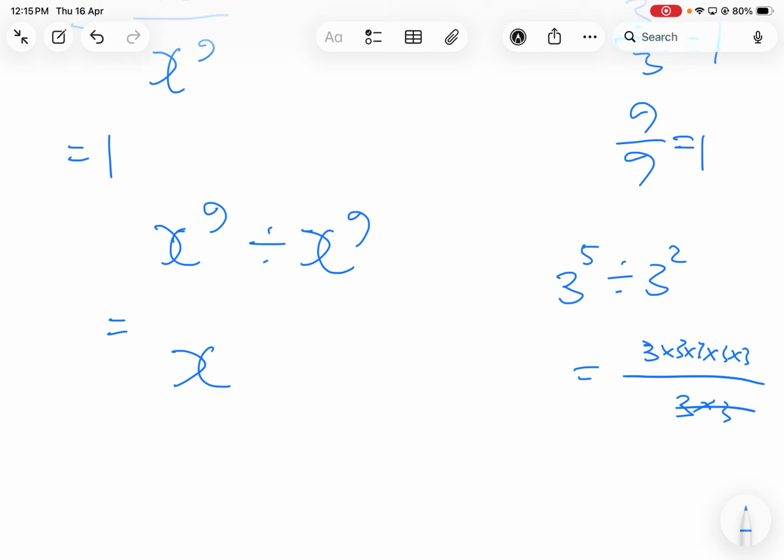So when I cancel away 2 of the 3's, on top I will still have 3 cubed. So what is the relationship for the index when divide? From this 5 and this 2, what happened? That's why it becomes 3 to the power of 5 minus 2. Okay?